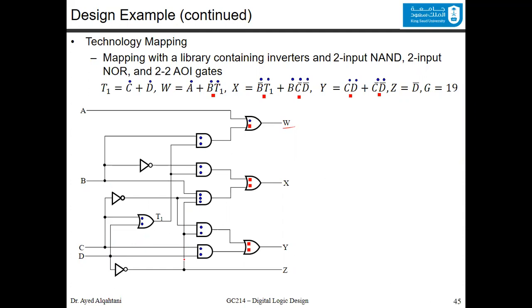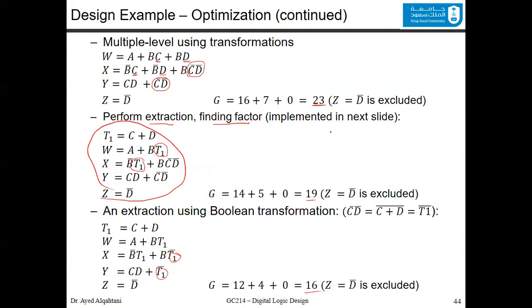We took D bar from here. And you can do it also for Y and Z in the bottom. And you can see that those blue dots correspond to the input of each gate here. And the last level has the terms, which you can see in the red square. If you count these dots, there will be 19, as we found out that the cost is 19.